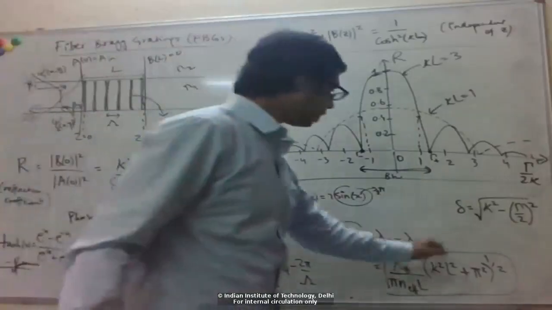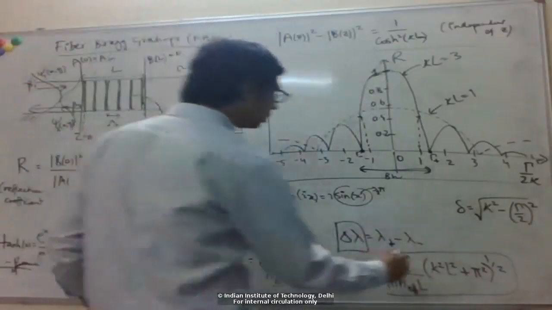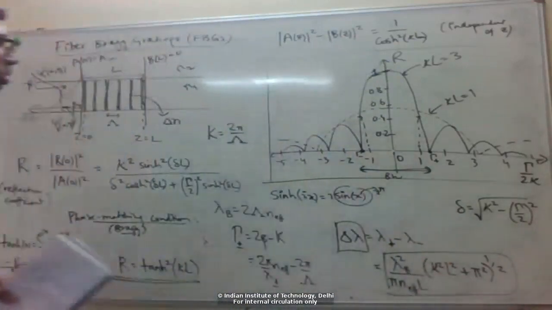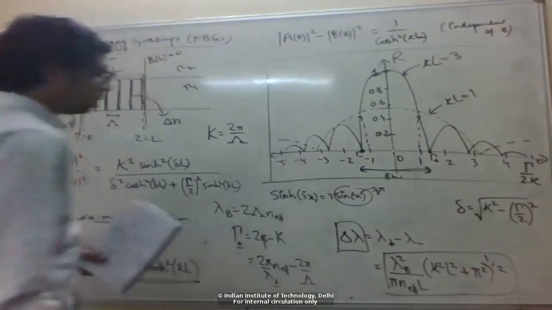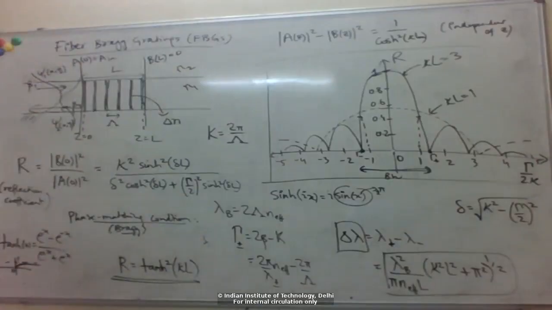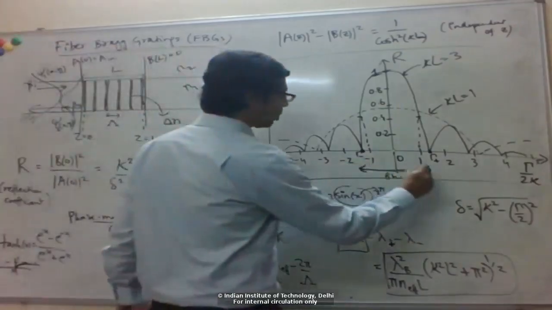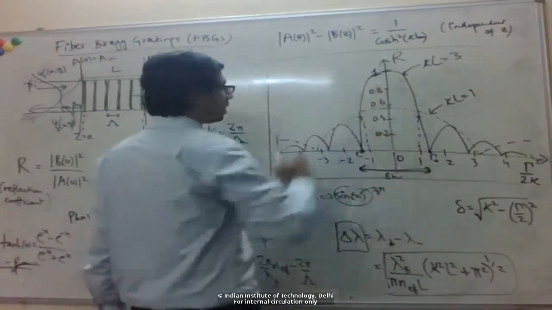Okay, so you can see that the bandwidth scales with this value kappa times L. Okay, so that's the bandwidth calculated from where the reflection coefficient becomes 0. Or basically the width of the central lobe. Yes.